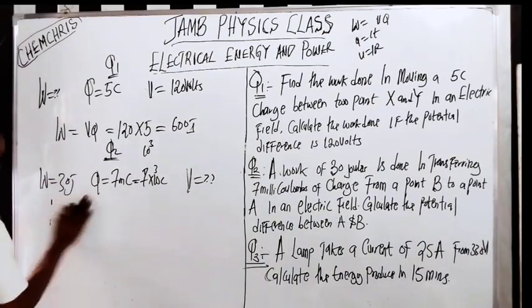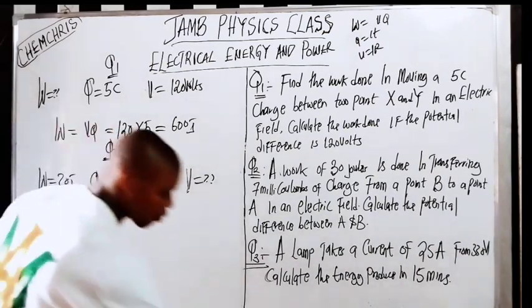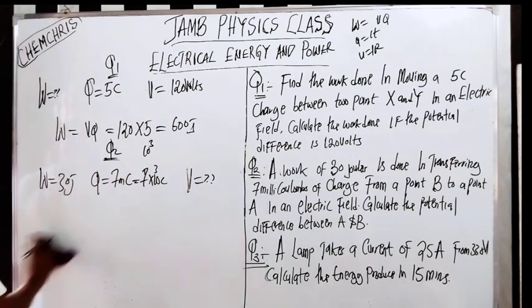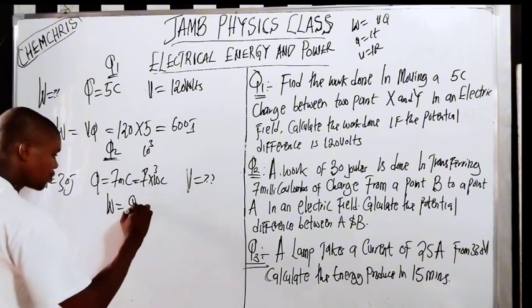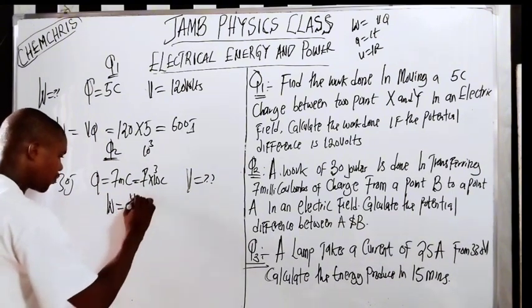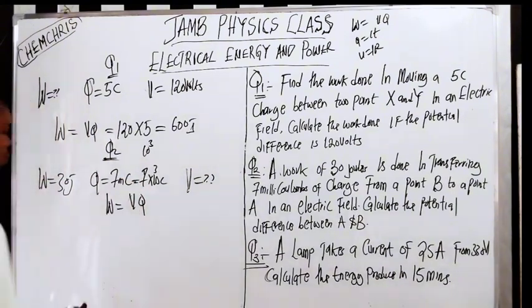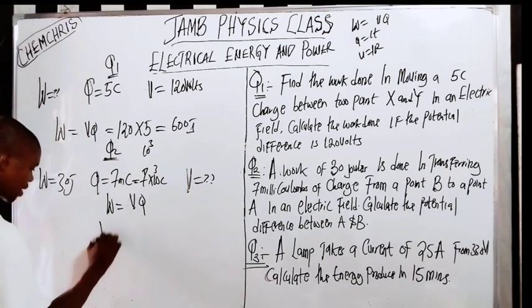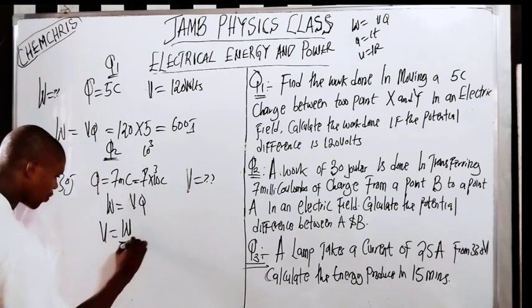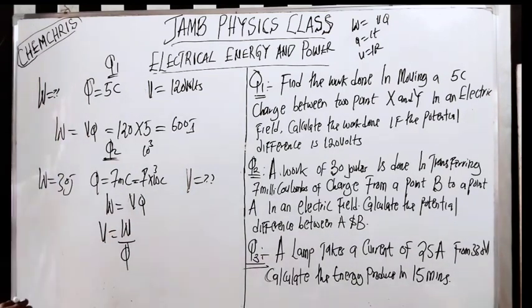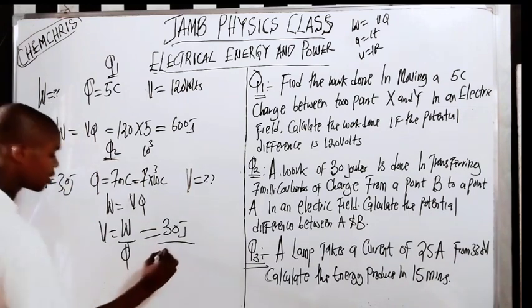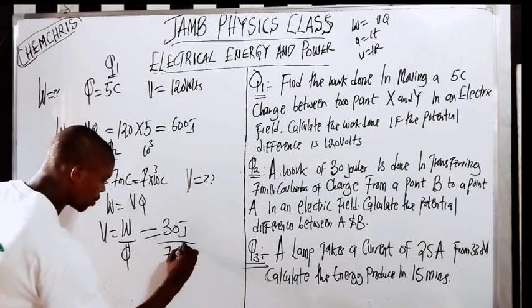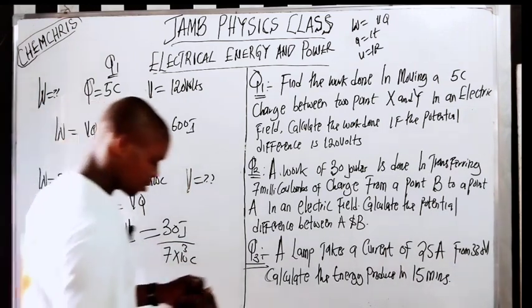So make V the subject of the formula. Potential difference equals W over Q. Can you see that? So you put your formula here, you have 30 joules over 7 times 10 to the power of minus 3 coulombs.